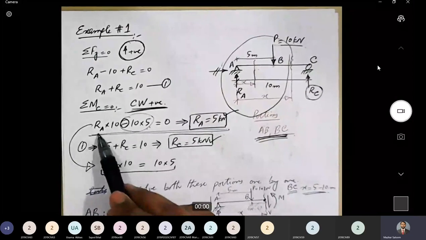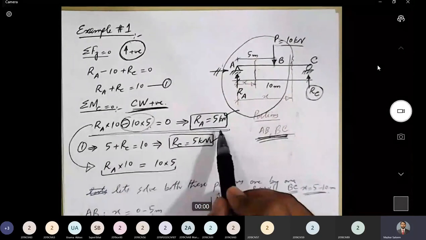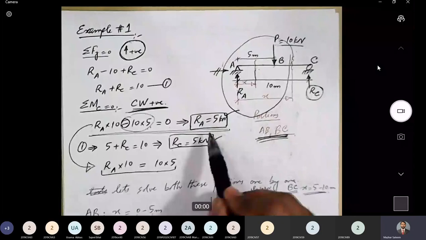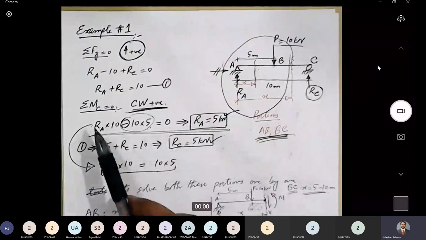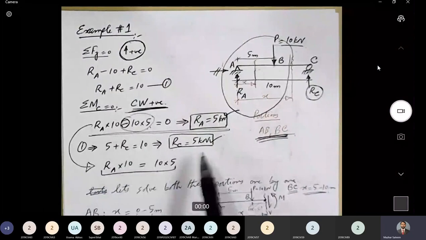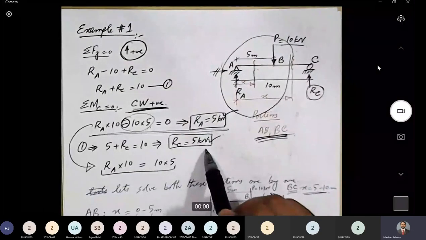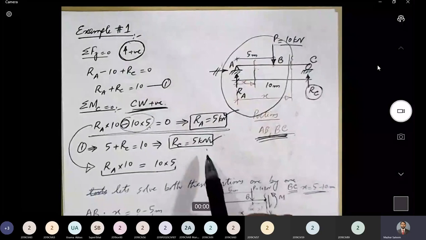And now in this equation, we have only one unknown, Ra. So if we rearrange this equation, we get Ra is equal to 5 kilonewton. Next, if we put this value of Ra in equation number 1, we get Rc equal to 5 kilonewton as well. Now at this stage, we can try to verify whether our reactions are correct or not.